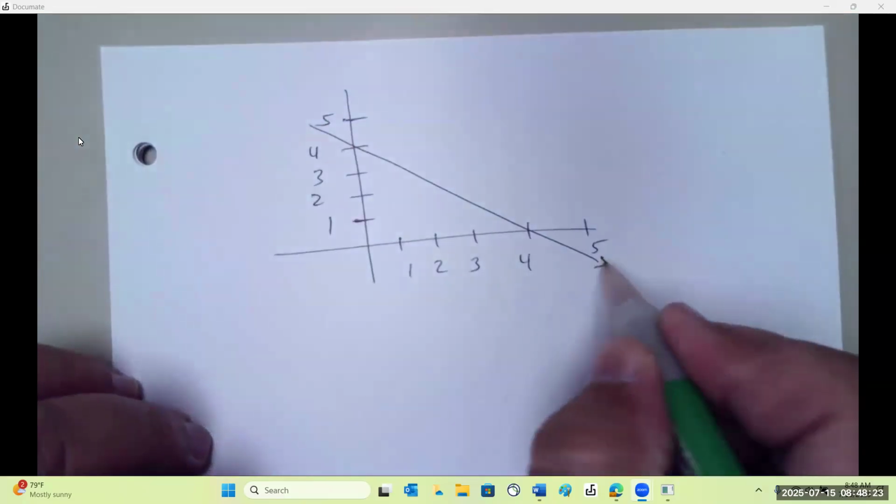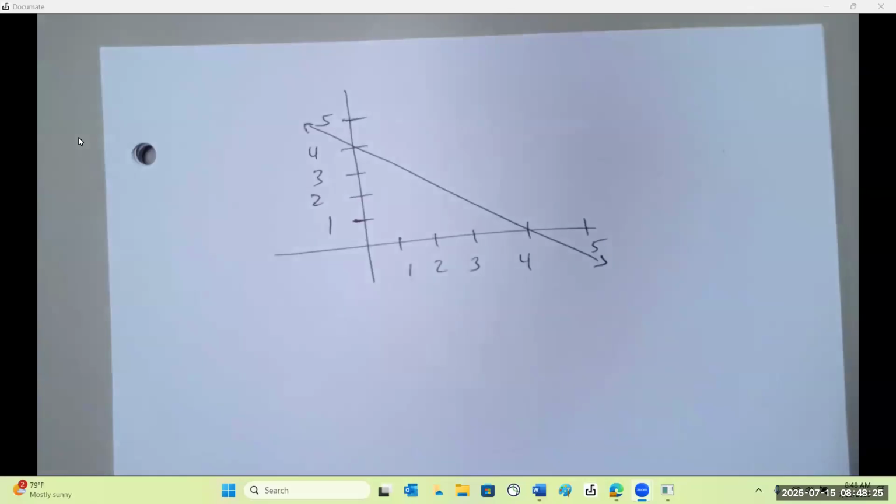So here's your line. And we'll get to that point of defining the line later on. There are 3 different types of lines that we can have.